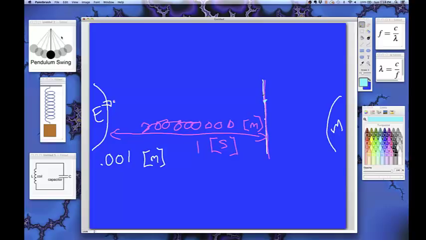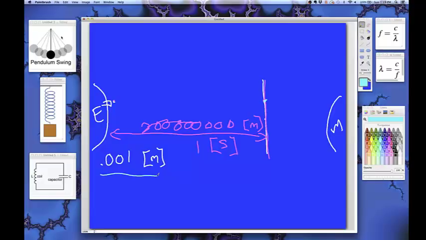But what we do know is that light has frequency. So light must be an oscillating something. It is oscillating. We know because it has frequency. If it didn't have frequency, we wouldn't have a wavelength. And the wavelength we know is in the millimeter domain.